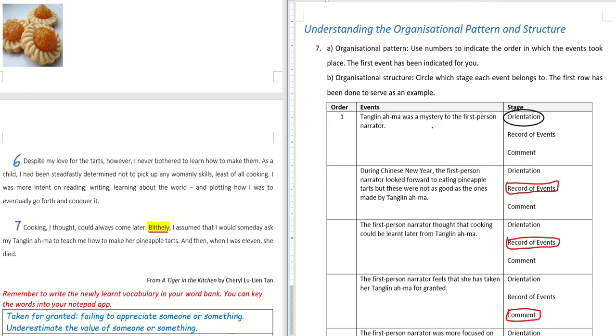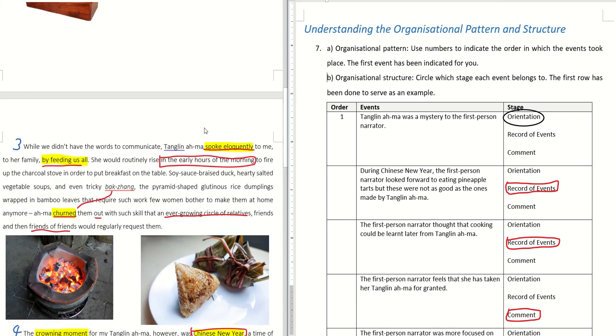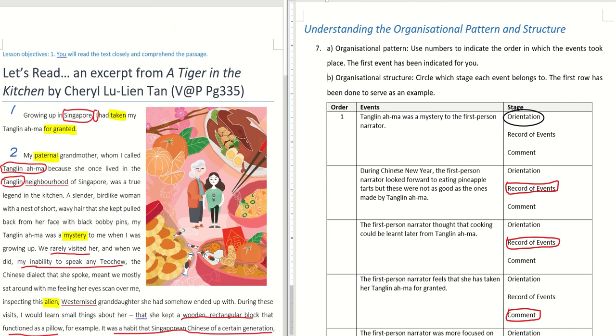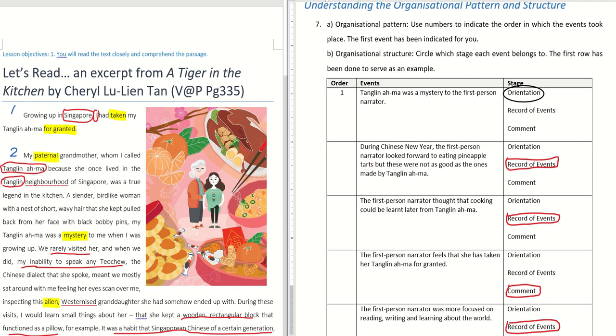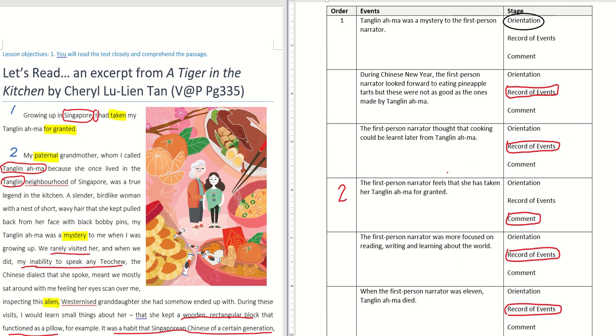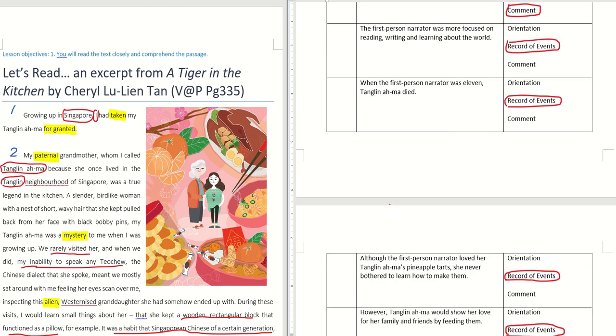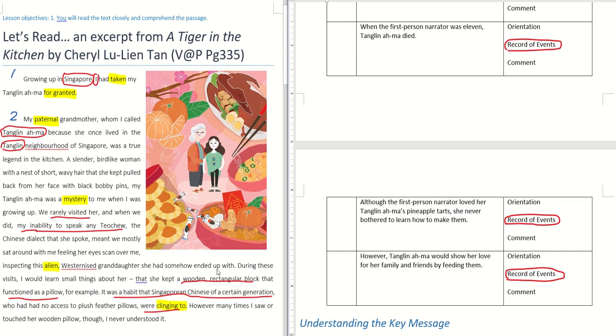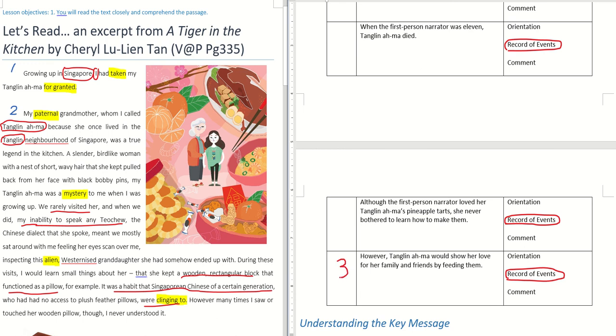Okay. First one, Tanglin Ama was a mystery to the first person narrator. Okay. Felt that she took her for granted. Okay, next part. Next part would be show her love by feeding them, right?